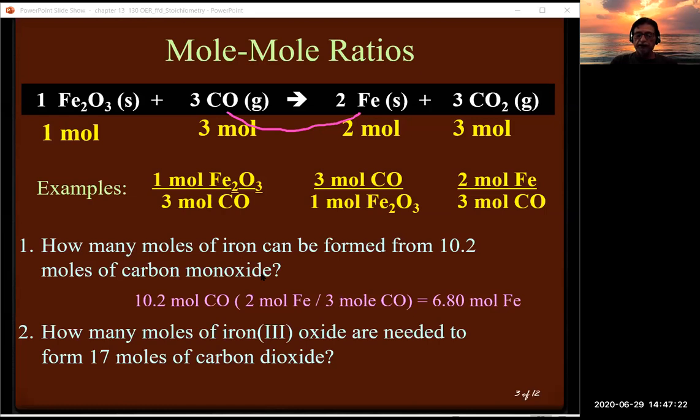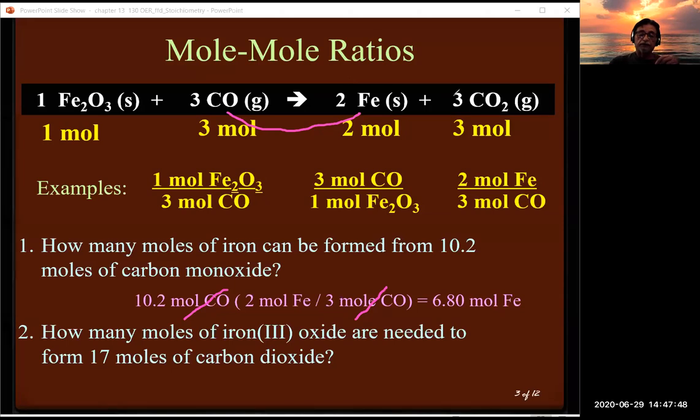That means that it would form 6.8 moles of iron. Note how the units cancel out. Moles of carbon monoxide cancel out, leaving us with moles of iron.